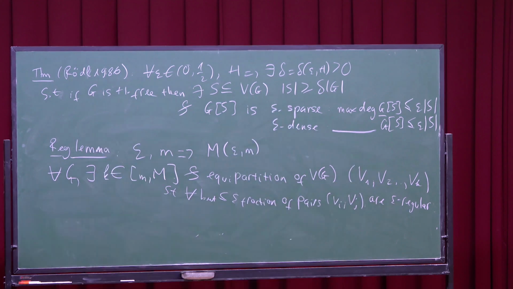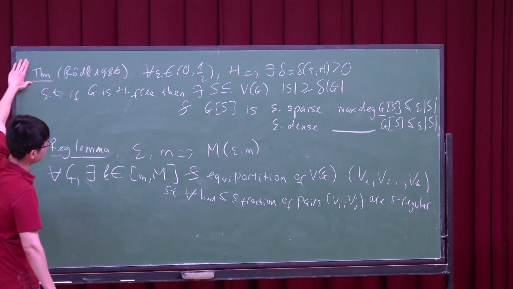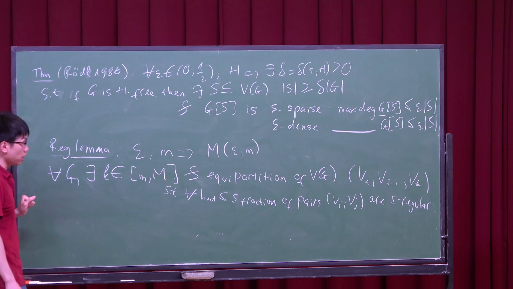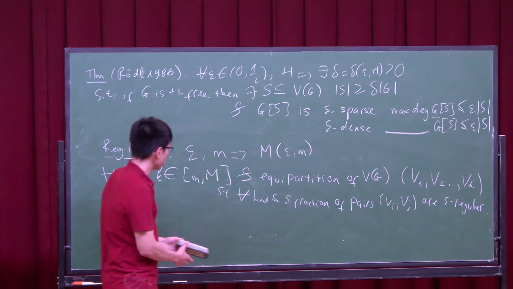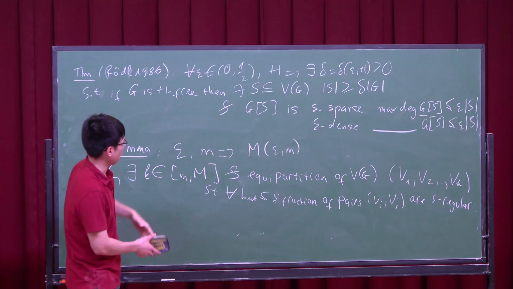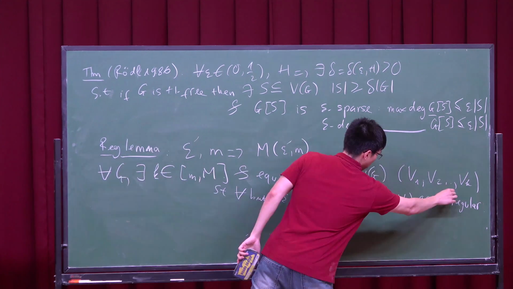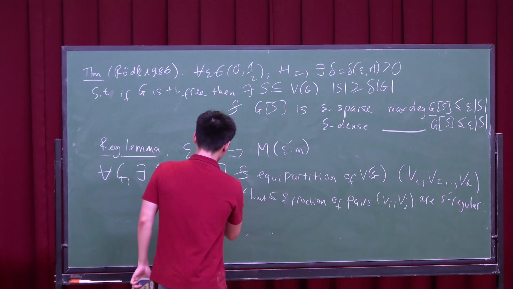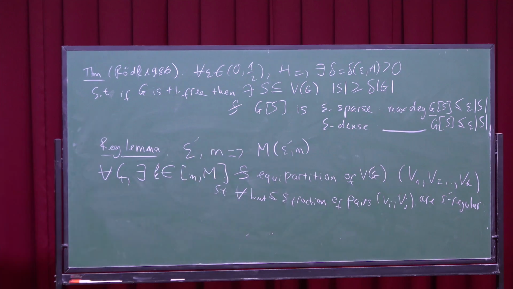So to prove the theorem of Rödl using the regularity lemma is not too hard. The key idea behind this is to choose M and epsilon prime to be sufficiently good depending on epsilon. Then we will try to output the linear constant delta.